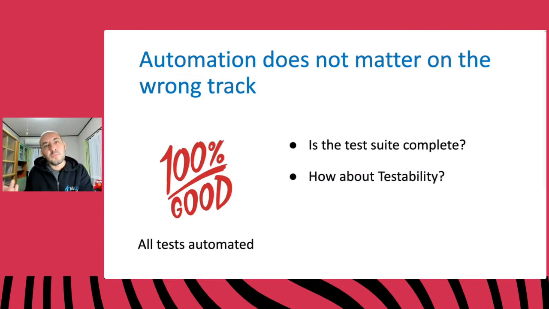And then if we have some coverage gaps, we might try to understand the root causes. Most of the time, it might mean that we have some testability issues, because somehow there are some features, but they might not be testable for some reason. It might be the nature of the product.